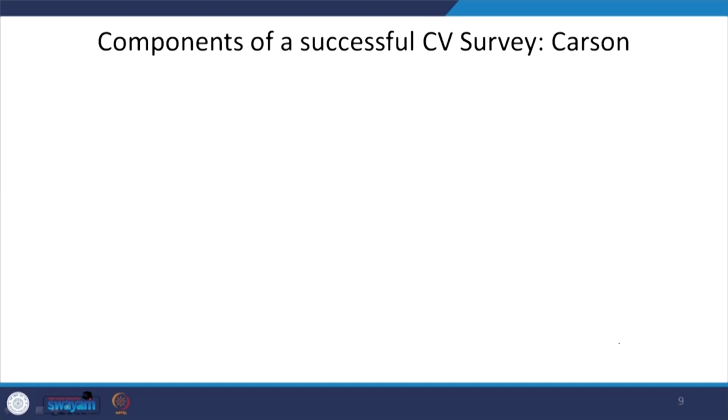Now let us discuss some of the components for conducting a successful CV survey, which is advocated by Carson. Carson opined that we need to follow certain steps in order to conduct this CV survey successfully. The first one is defining the market scenario: what exactly we are going to value, so that we can create that kind of market.